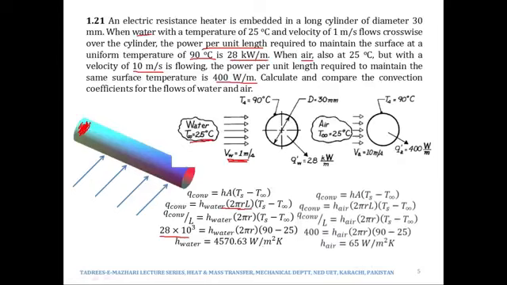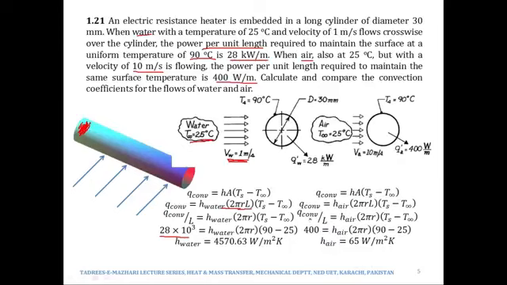Now if we work things out for the case of air, Q by L in case of air is 400 watts per meter. So we can put 400 watts per meter over here, the rest of the things would remain the same, and we will get h of air as 65. So h of water is 4570 and h of air is 65.